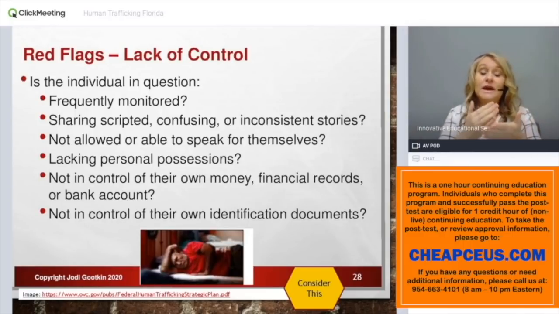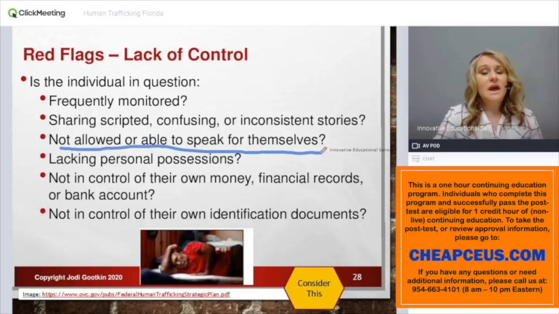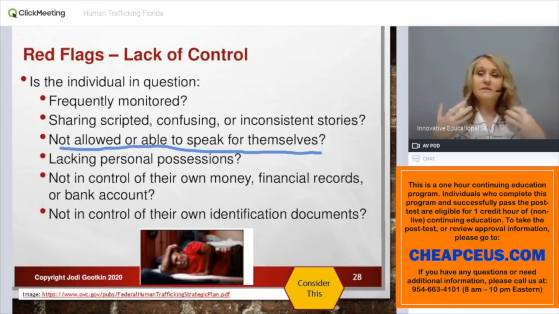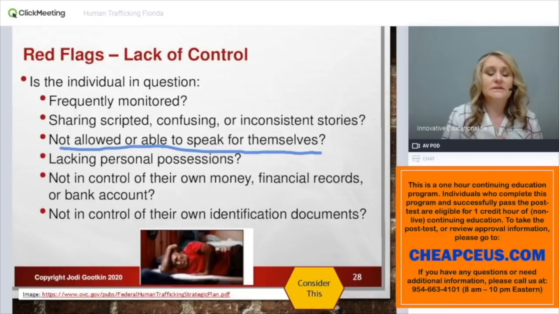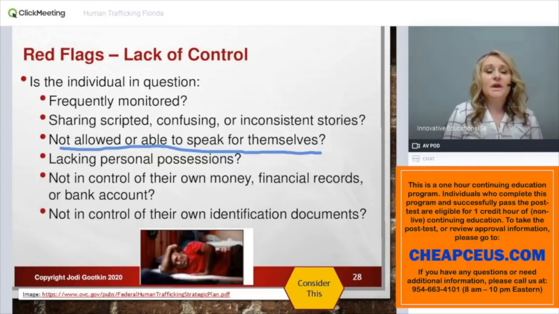Or is it too similar that it's a scripted type of story? Also, individuals who are not allowed to speak for themselves. And consider this in the context: if the individual has no apparent physical limitation or cognitive impairment limiting their ability to communicate, there is no reason for you to think that there's a language barrier, but still they have a translator or they're not allowed to speak for themselves. That just doesn't make sense. As well as those very scripted stories that don't fit with their clinical presentation.